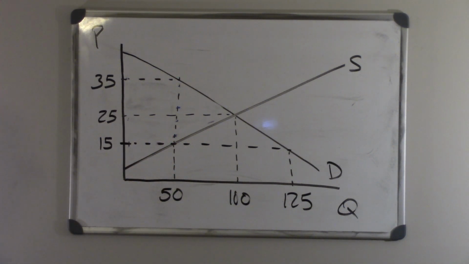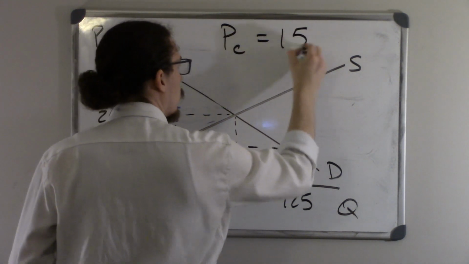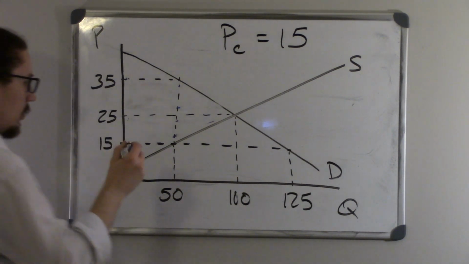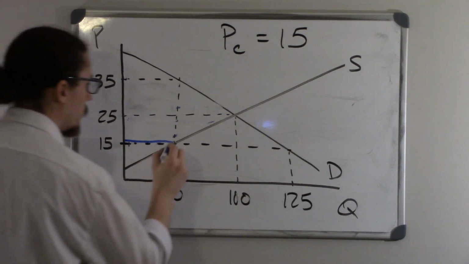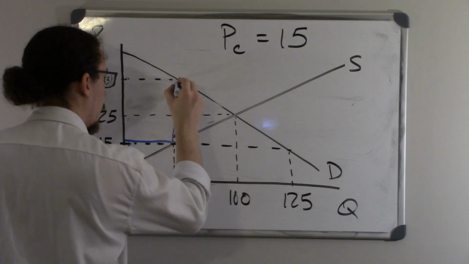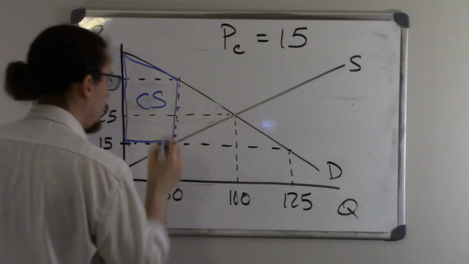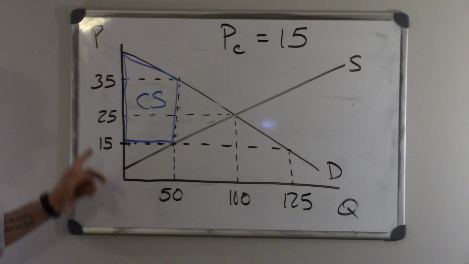If we have a price ceiling of 15, that is the price. And so we're going to say this area, above the price and below the demand curve, is our consumer surplus. So this weird, is that a trapezoid?